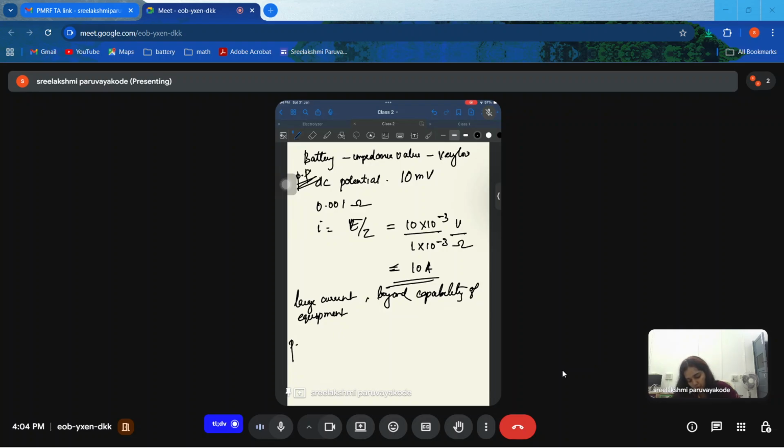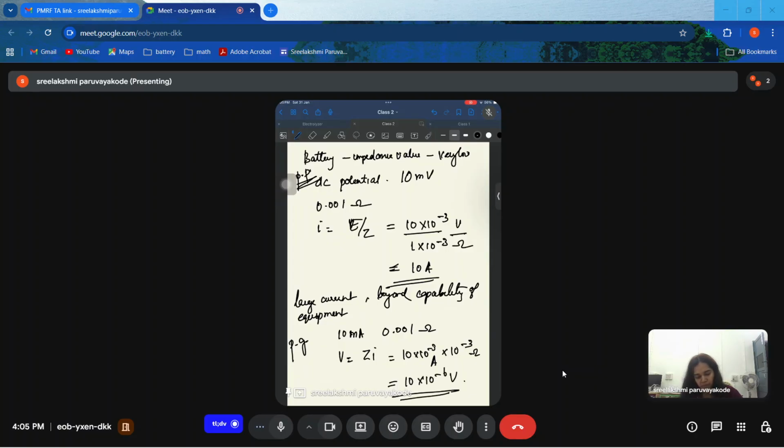Now let me take the case where I'm going to do pseudo galvanostatic mode, where I give 10 milliamp current, and imagine the impedance is 1 milliohm. So what is the output potential going to be? V equals Z into I. That is 10 into 10 to the power minus 3 into 10 to the power minus 3 ohm. In this case, your response is nothing but 10 into 10 to the power minus 6 volt.